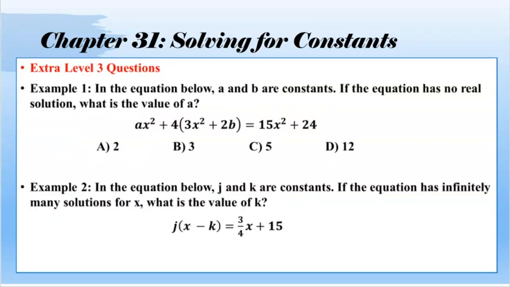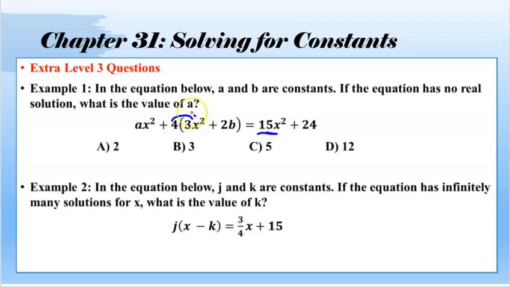Some extra example level 3 questions here. So example 1, in the equation below, a and b are constants. If the equation has no real solution, what is the value of a? So if it's no real solution, your coefficients of your x squared are going to be the same. So this side is 15x squared.